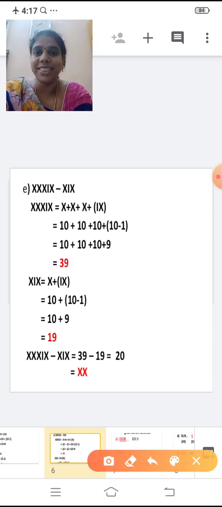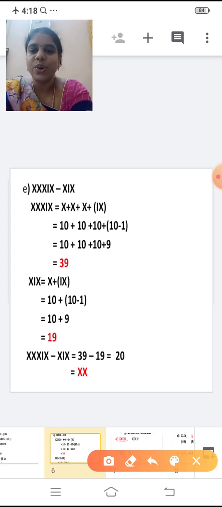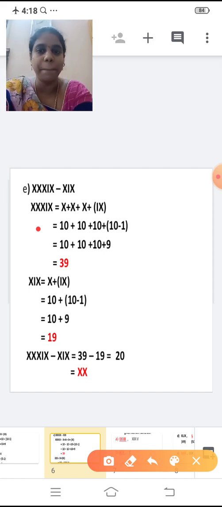Again you are going to subtract this. So now take the first one, XXXIX. Find the value and change that into Indo-Arabic number. And take the second one, change that again into Indo-Arabic number. Now, after that, you are going to subtract that.